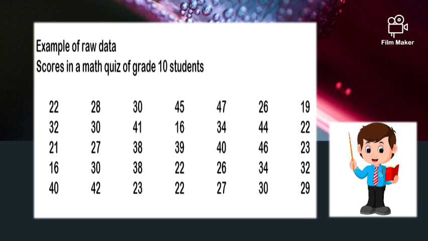The way we organize it is through the use of a frequency distribution, because if you can construct a frequency distribution table, it will help you a lot in calculating the different measures under statistics, like the measures of central tendency, the measures of variability or dispersion, and the measures of position.